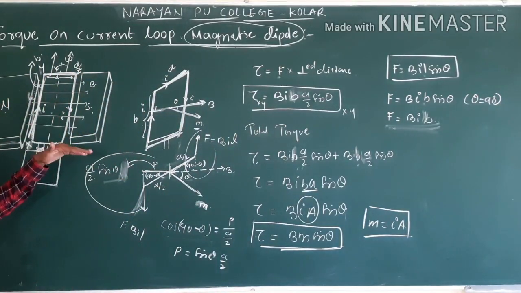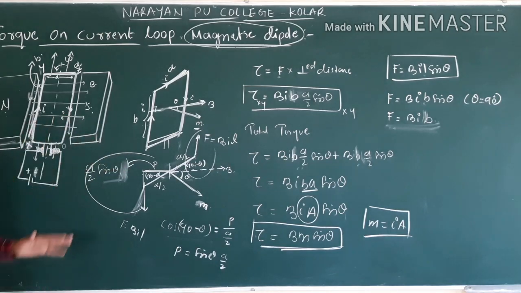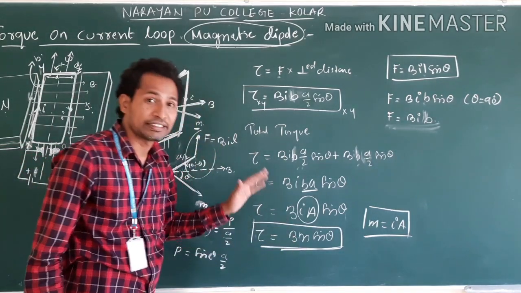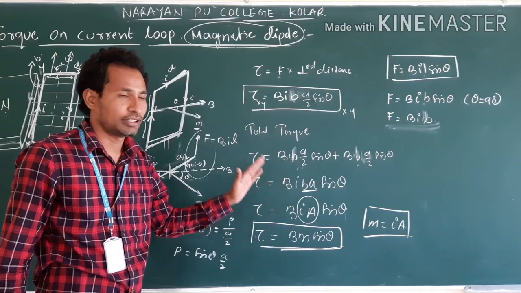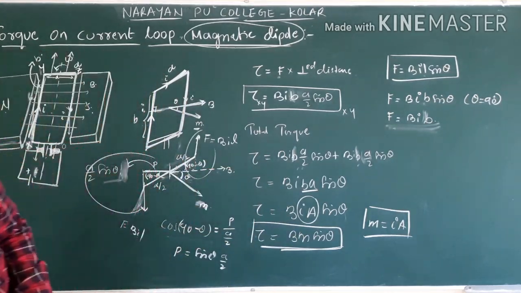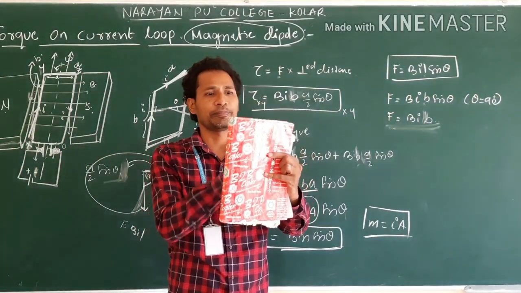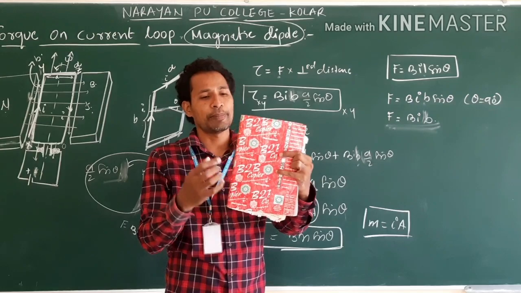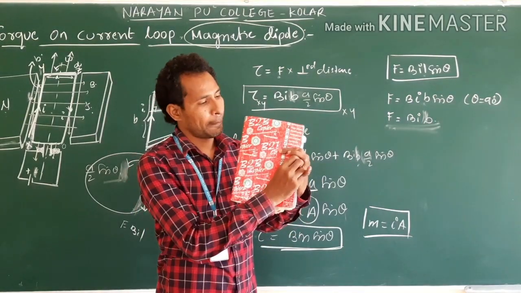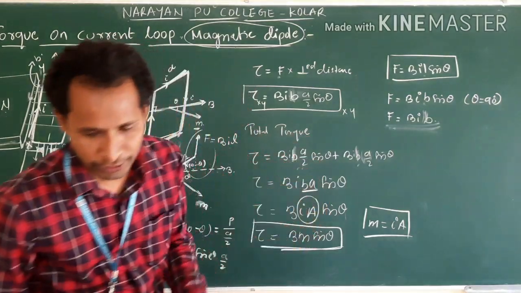A is the area of the loop, I is the current in the loop. The magnetic moment always acts perpendicular to the plane of the coil. Understand? If you take this as a rectangular frame, clear? Now the magnetic moment will act perpendicular to the plane.